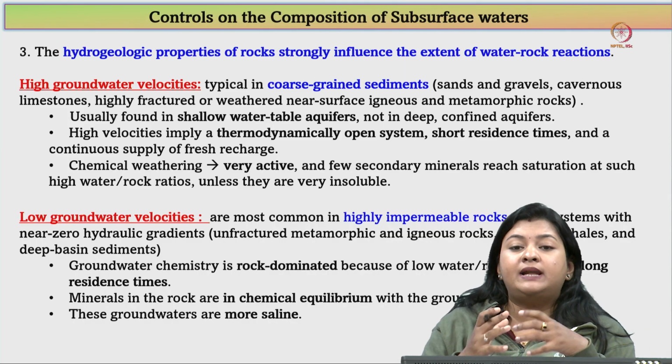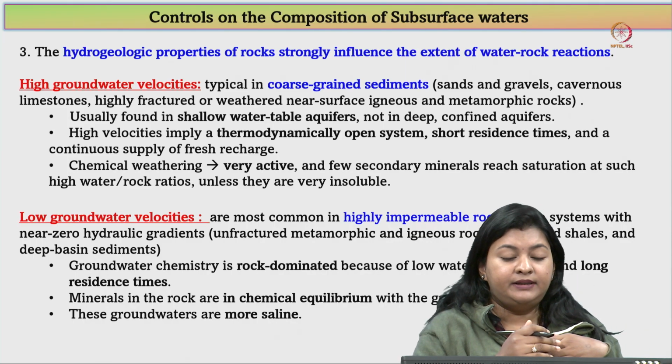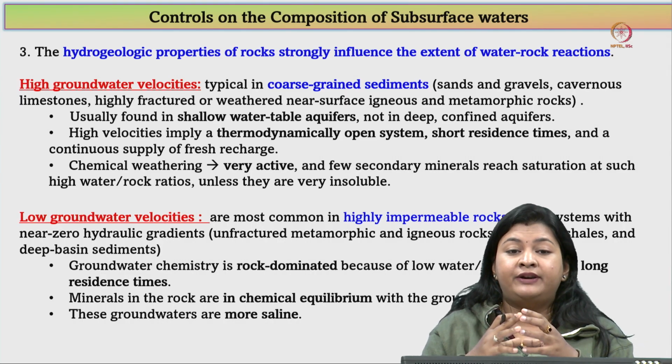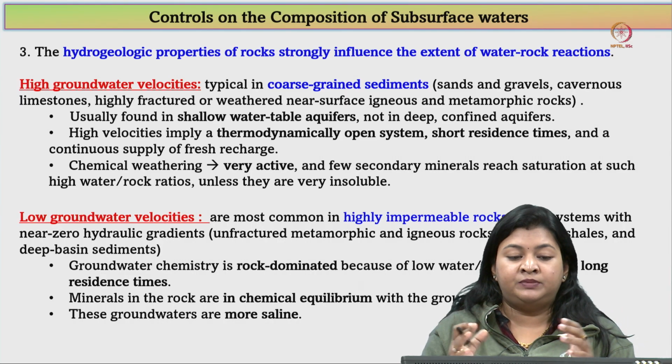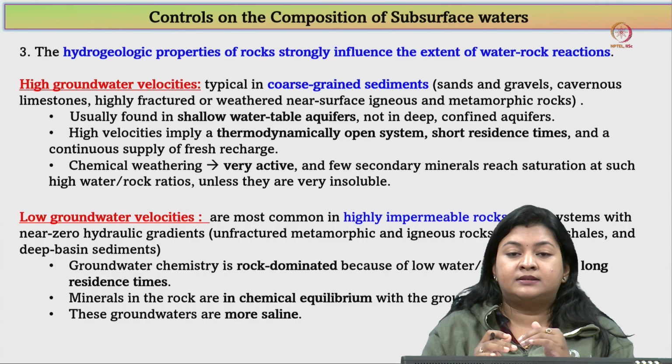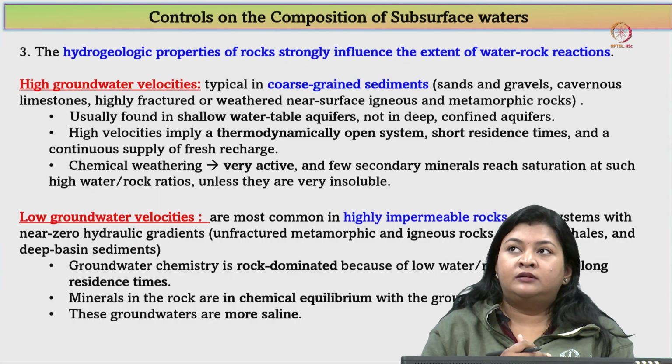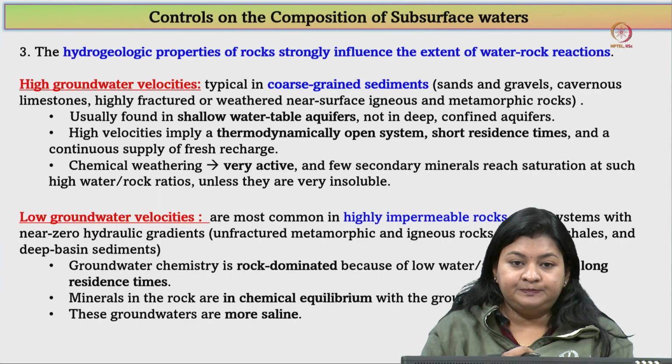Okay, this is what will happen then. The water that is flowing is going to be in this zone for a very long time. So, there will be a very long residence time.